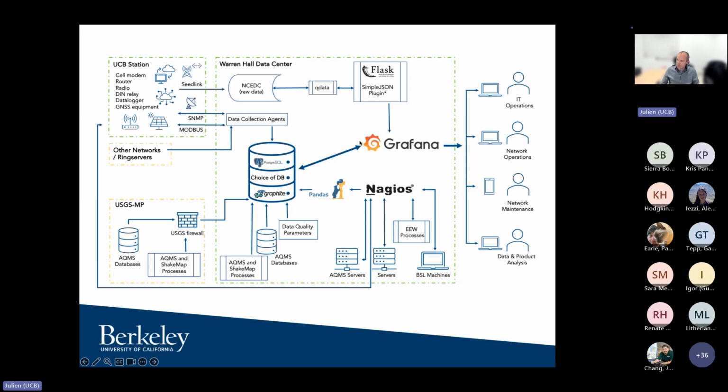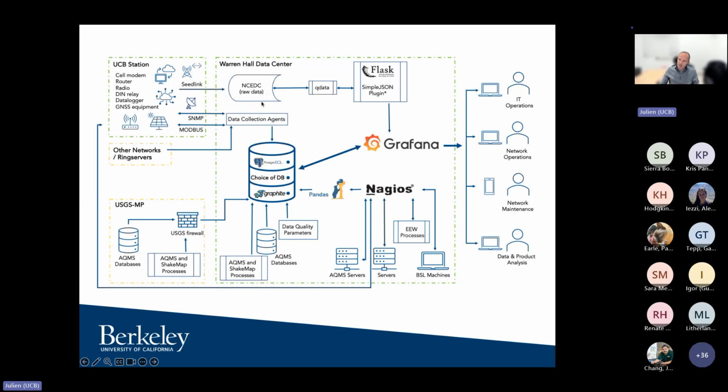So as I mentioned, through Grafana, and of course, Grafana then will connect to different databases in order to display that information. The first thing we wanted is not to reinvent the wheel. At our data center, we were already storing a lot of waveforms from the raw seismic and geodetic data, but also a lot of state of health channels.